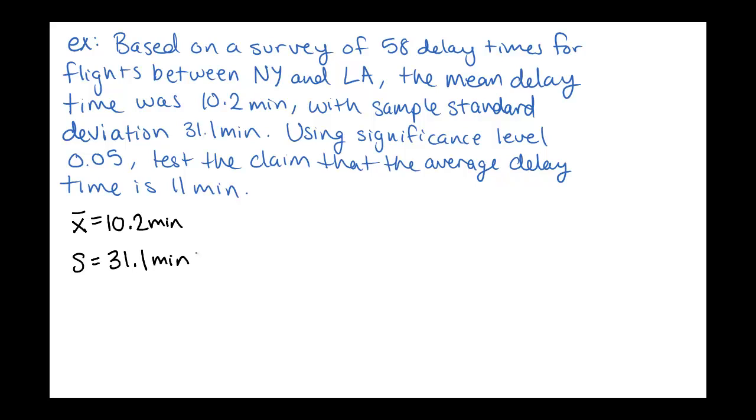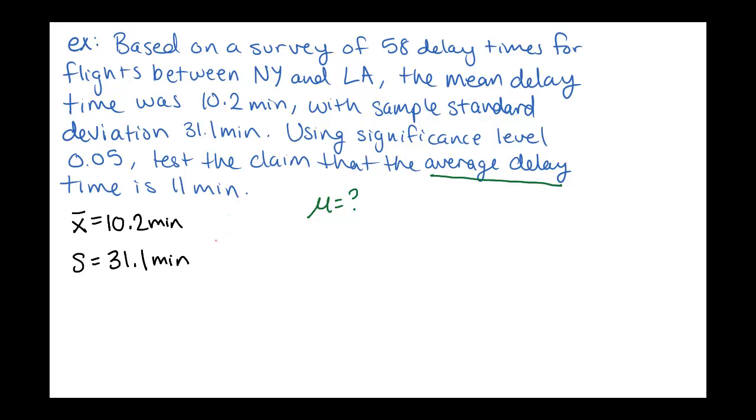Using significance level 0.05, test the claim that the average delay time is 11 minutes. So the reason we know that we're talking about a mean here is that we're trying to estimate the average delay time of all the flights.